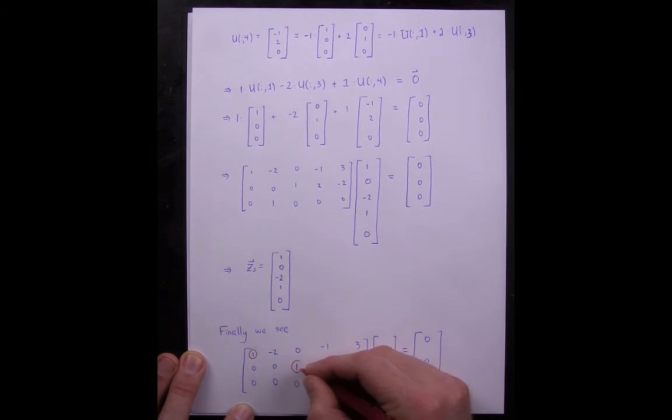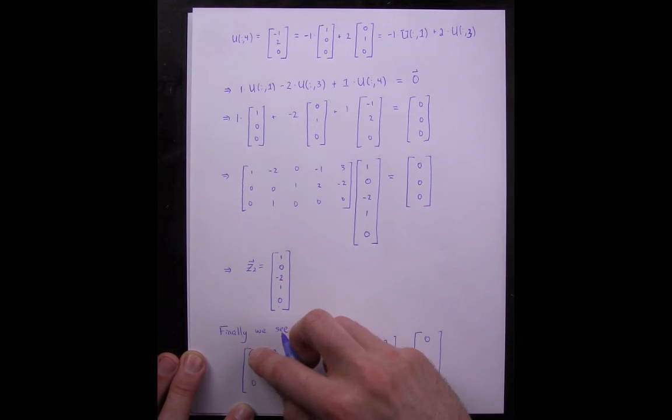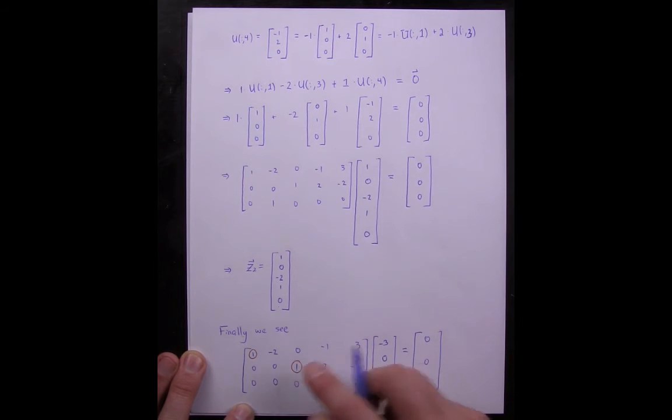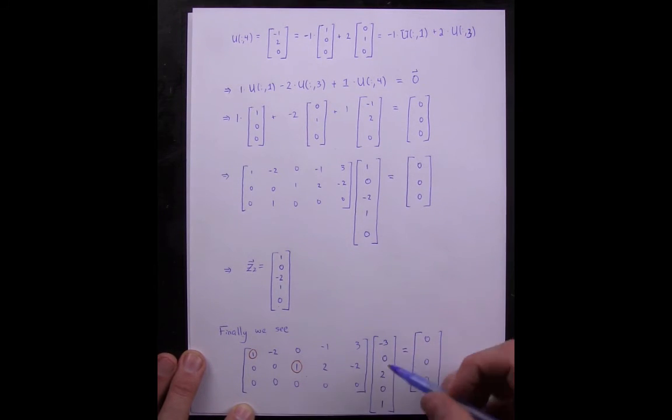In particular, we see that if we take -3 times column 1 and we add that to 2 times column 3, we will get the negative version of this vector, which in particular, if we add -3 plus 3, we get 0. If we add 2 plus -2, we get 0.